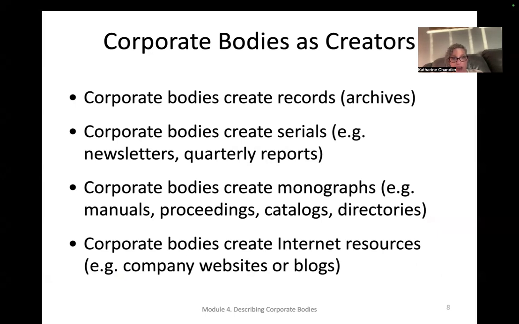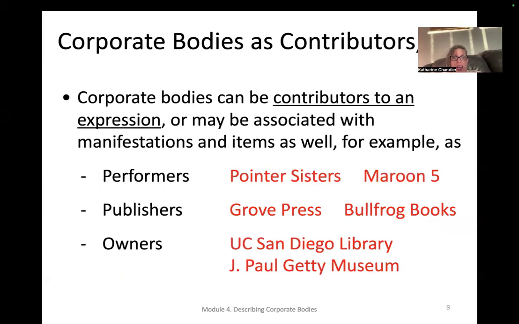They can create serials, for example, newsletters and quarterly reports. They can create monographs like manuals, proceedings, catalogs, and directories, and they can create internet resources like company websites or blogs. And they can be contributors to an expression or maybe associated with manifestations and items as well.